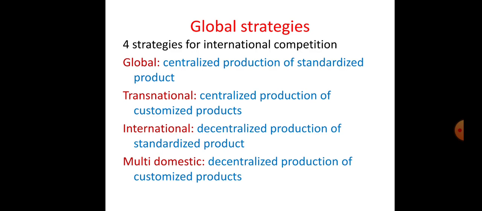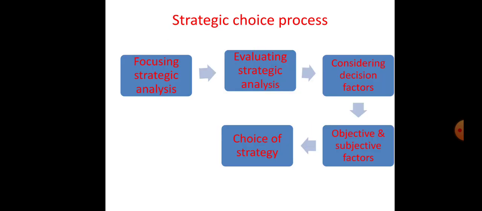Here once a company addresses its strategy at corporate level, business level, and functional level, now it will aim at the global level, because of a centralized production of standardized product, and transnational, that is centralized production of customized product, and international, decentralized production of standardized product, and multi-domestic, that is decentralized production of customized products. So this is about different types of strategies.